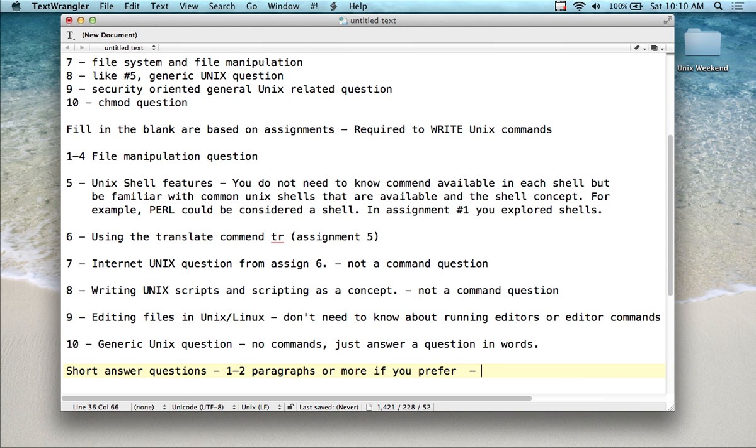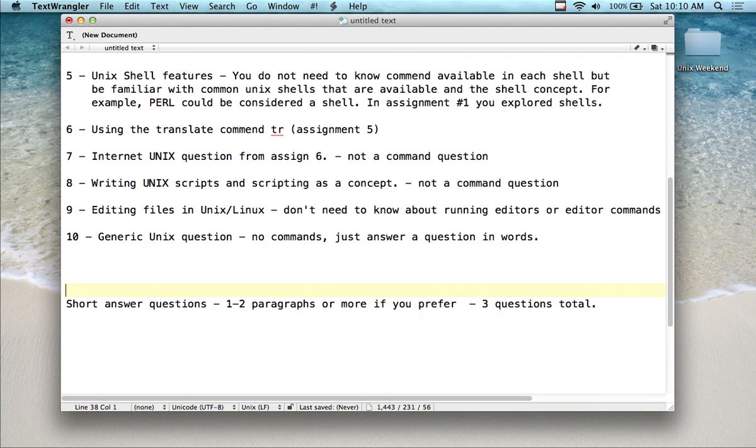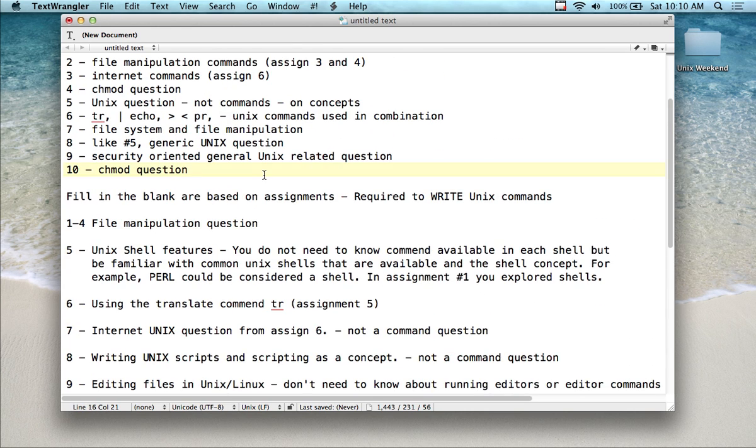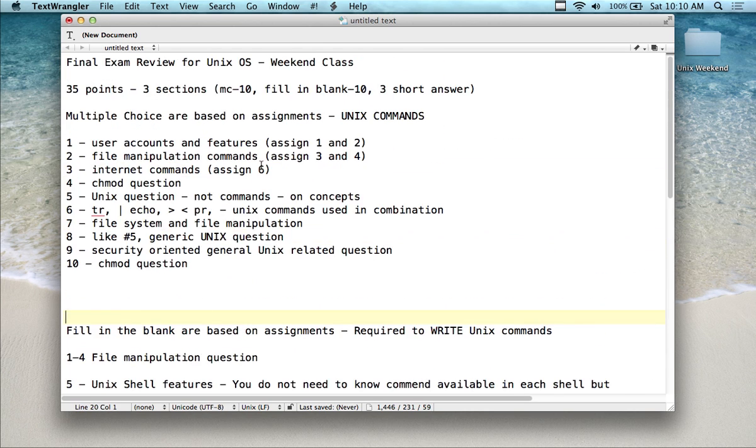There are 3 questions total. Can't spell today. Let me put a little line in here. Separate this out a little bit so we can kind of see the subsections.